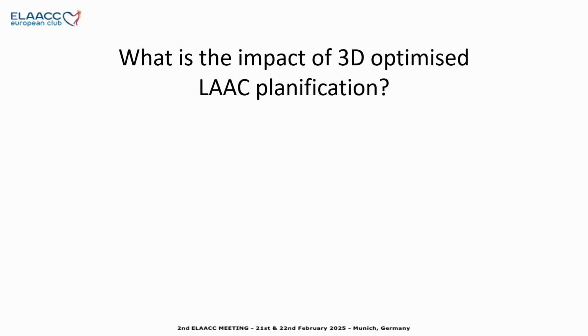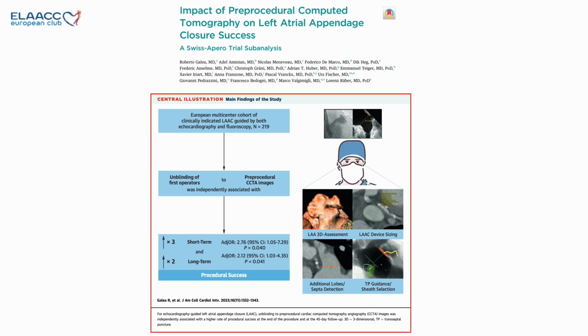So if we are all convinced that we should use 3D planification, we need proof. And is there any proof in the literature about the efficacy of this 3D planning? I think the answer is yes.